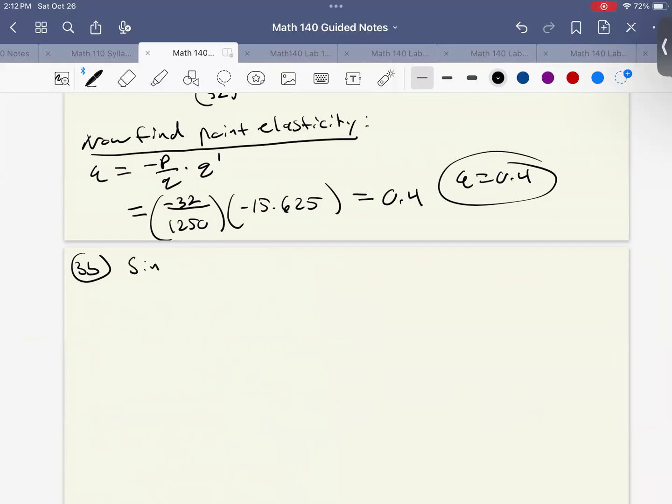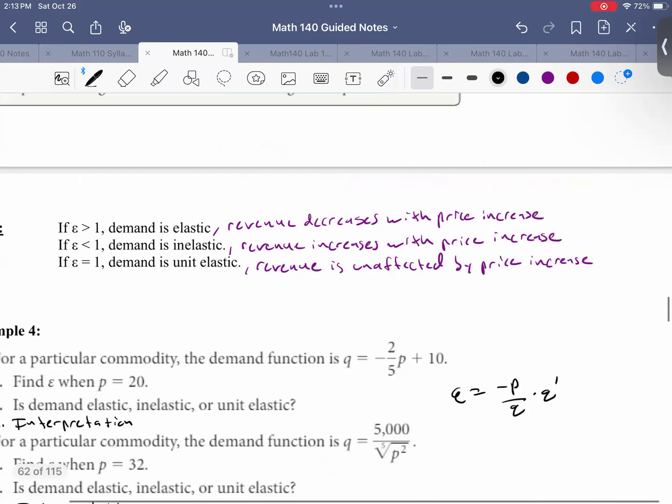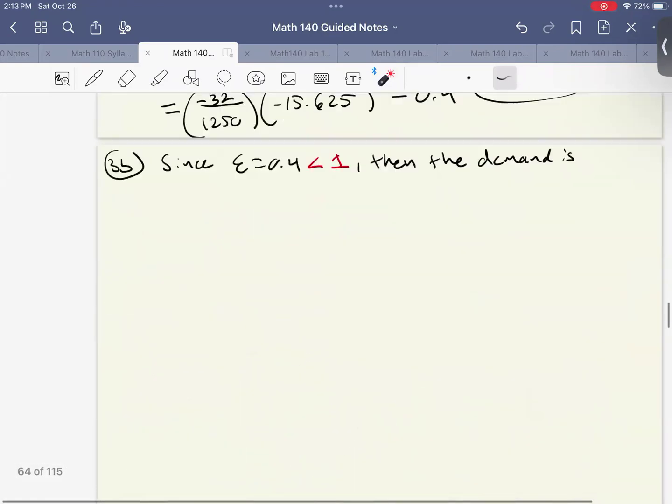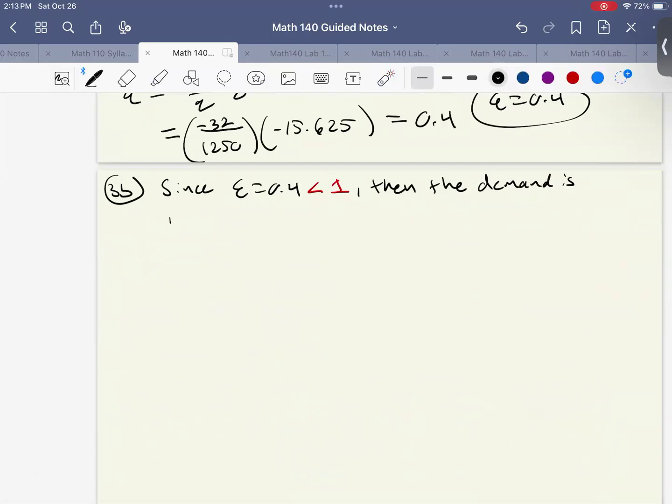So since our epsilon equals 0.4, which is smaller than 1, then the demand is, what's it going to be? If it's less than 1, it's going to be inelastic. Okay. Demand is inelastic. Okay, great.